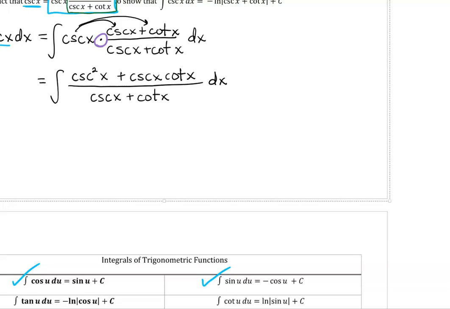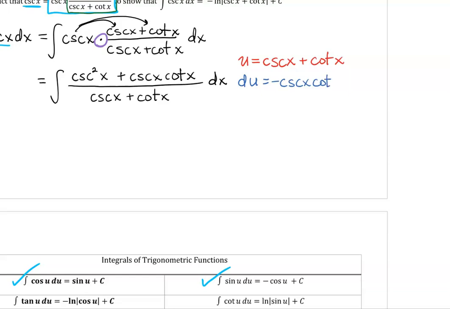And I say that because if I went on that rant, because if you know the derivative of your 6 trig functions, it should be very obvious that u should be cosecant x plus cotangent x. And if that's not obvious to you, let's see why by taking du. The derivative of cosecant x is negative cosecant x cotangent x.